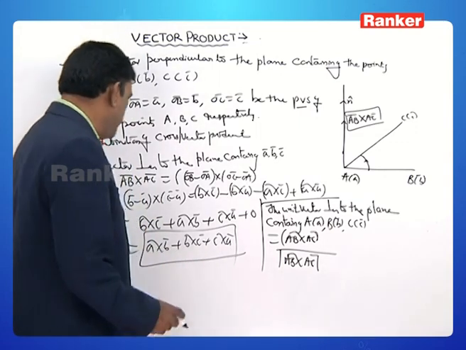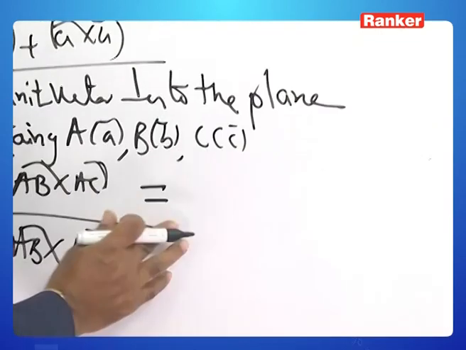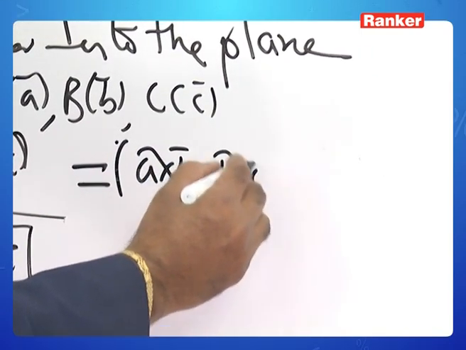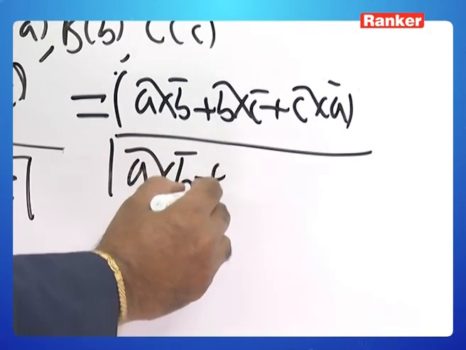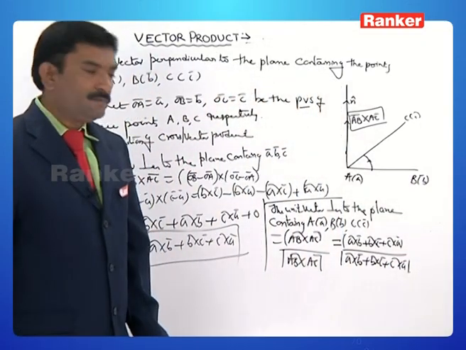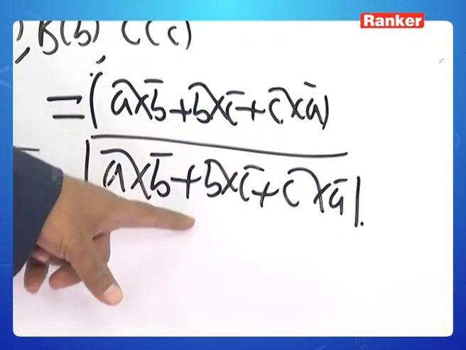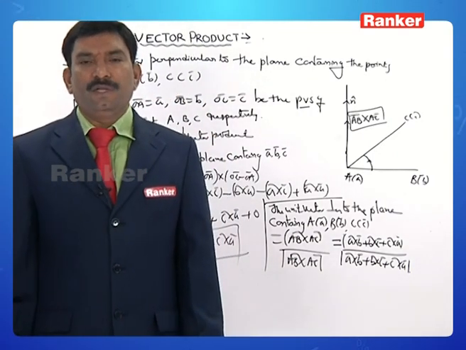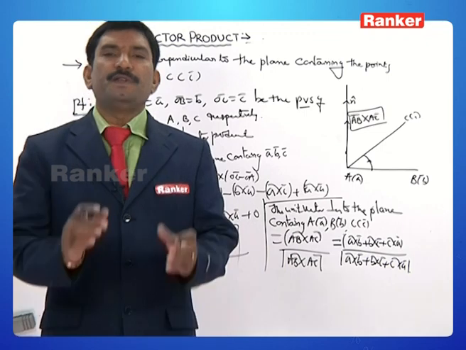So now I can write this as A cross B plus B cross C plus C cross A divided by the modulus of A cross B plus B cross C plus C cross A. This is the unit vector which is perpendicular to the plane containing A of A bar, B of B bar, C of C bar.